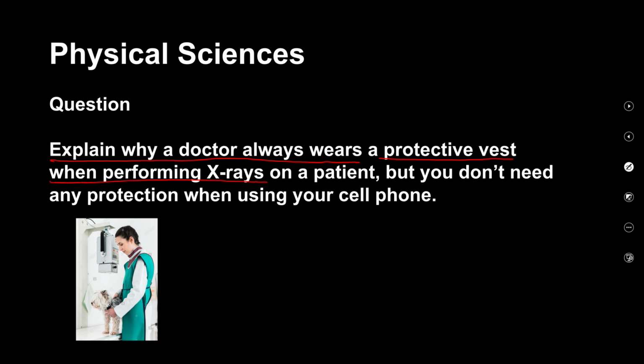You can see in the photograph down here a doctor, or in this case a vet, wearing an X-ray protecting vest. It's usually got some heavy, dense material like lead in it to prevent the X-rays from getting into them. But we want to understand why they need to wear this protective vest, but you don't need any protection when you use your cell phone.